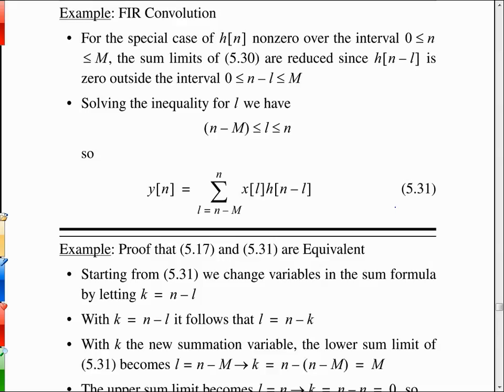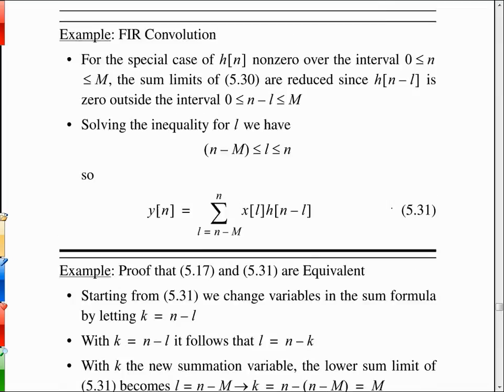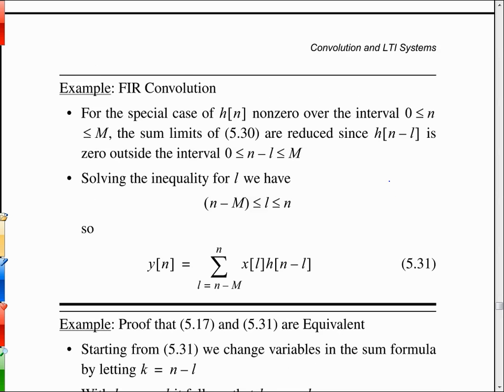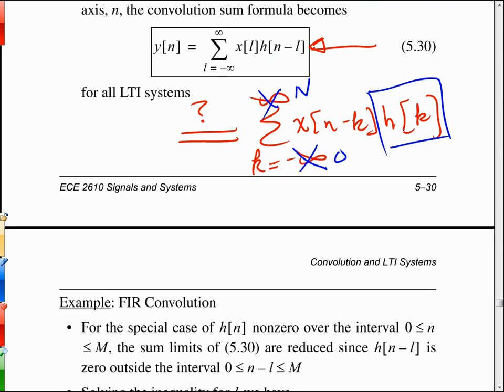So this equation 531 takes the previous convolution sum and sets its limits up. In other words, if I have it running from minus to plus infinity, but yet I know this is finite support, the support for that h of n minus l has to be where n minus l runs between 0 and M, because that was the definition of the FIR filter we were dealing with.